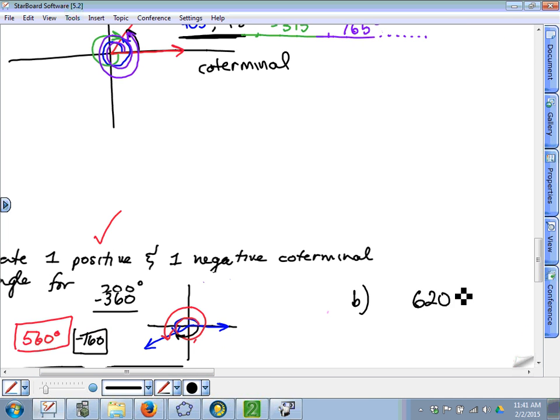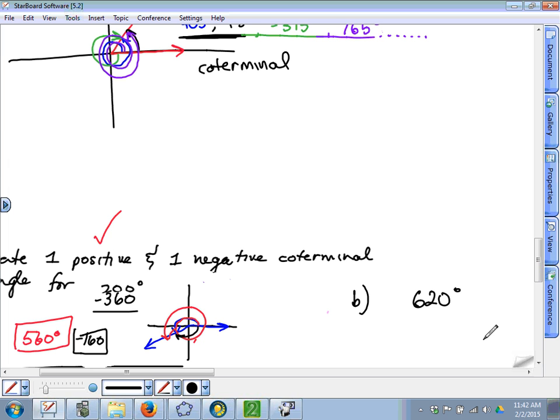What if you have a larger angle, 620, and I still want a positive and a negative? I want a positive and a negative coterminal angle for 620 degrees.